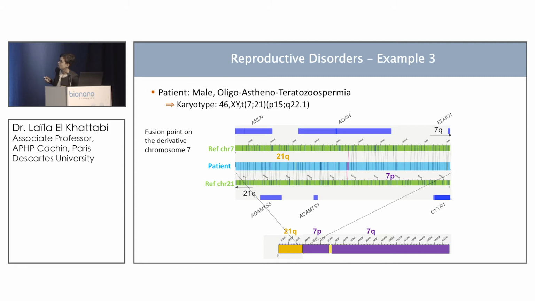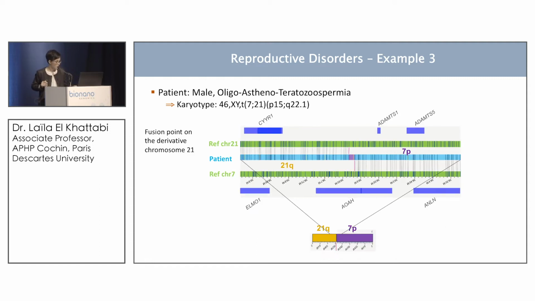And then you have a perfect match between your patient and the map of chromosome 7. So this corresponds to the fusion point of the derivative chromosome 7. And you can see the same here on the other derivative, the derivative chromosome 21.